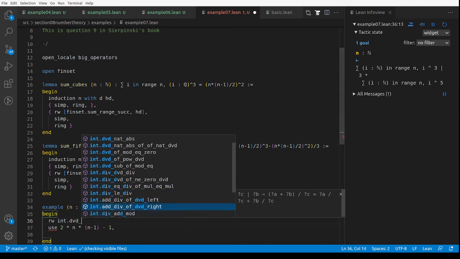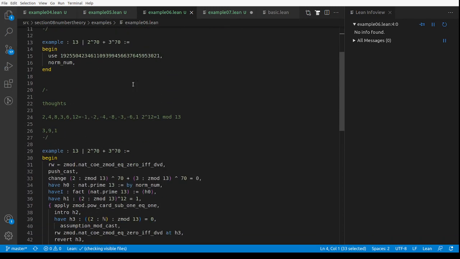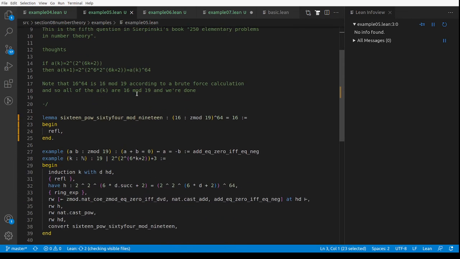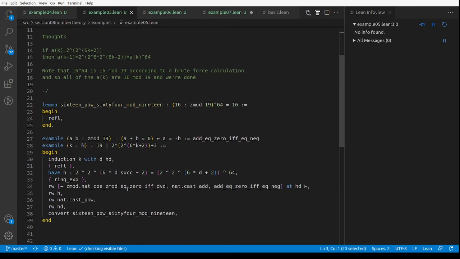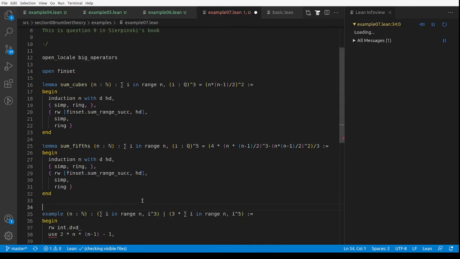I want to convert to integers immediately, right? Where did I do that? I can just search for it again. I don't want to do that subtraction because that's a natural subtraction, and that's just ring. I've got massive bells ringing in my head saying that's a bad idea.